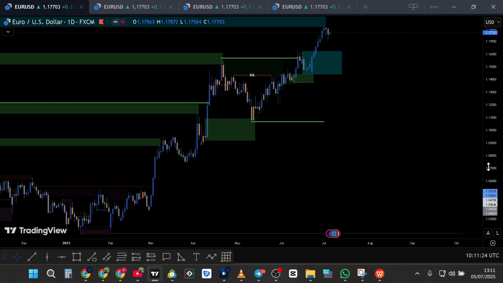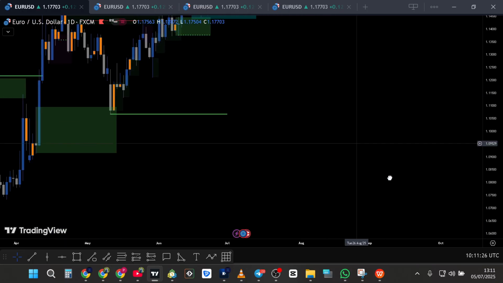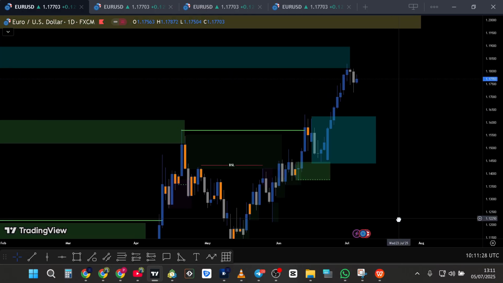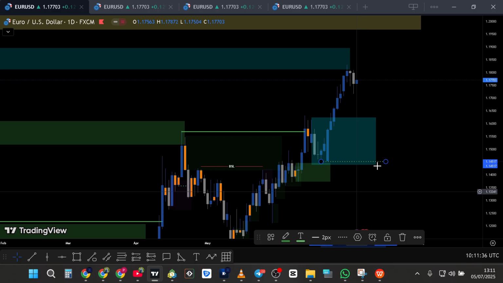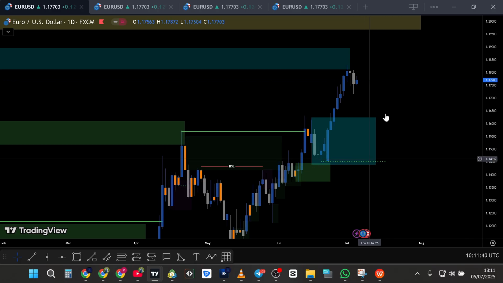For now, I'll move my change of character line to this low. Let me just drag it to that low, and expect some few moves maybe to there. If it does breach it or disrespects it, then we'll be looking for some few areas of change of character and also possible reversal times.